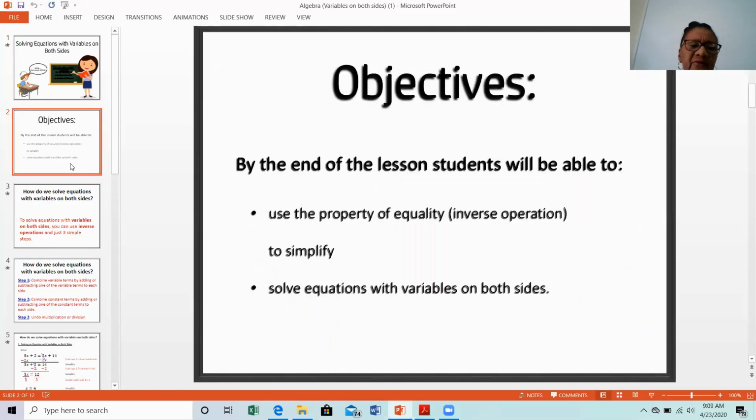Our objective by the end of this class is to use the property of equality, which is using inverse operations to simplify our equations. Eventually, we should be able to solve equations with variable terms on both sides of the equal sign.